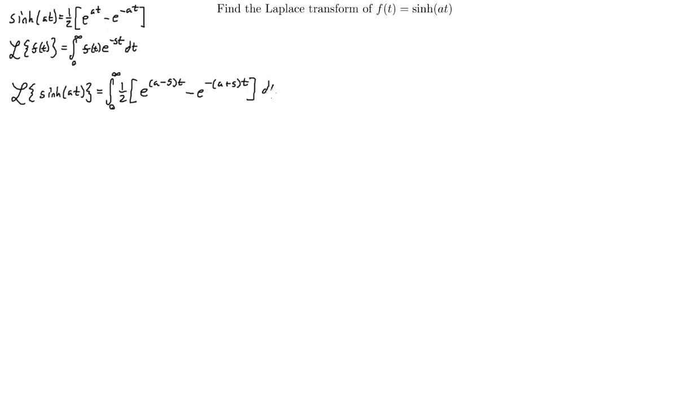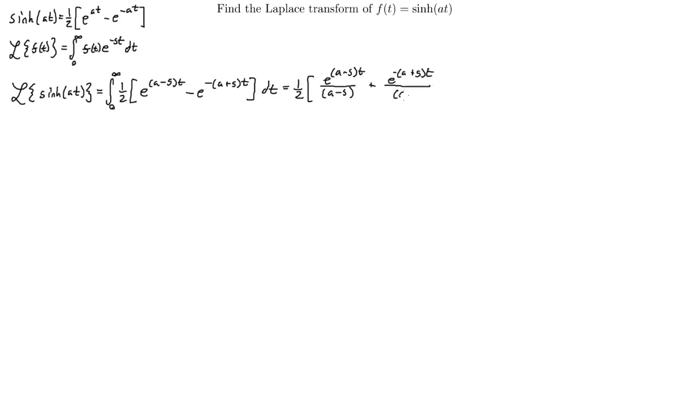So you can already see the resemblance here between this problem and the last one. So here we're going to have a 1/2. We're going to have e to the (a minus s) times t. And then we're going to have a minus here, e to the minus (a plus s), and of course there's our minus right there, t.